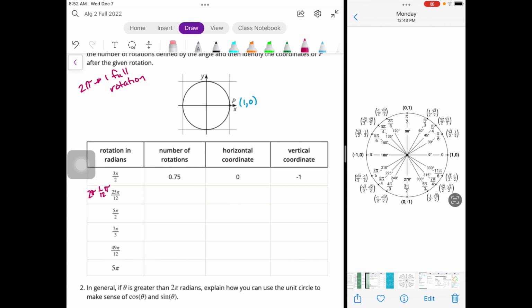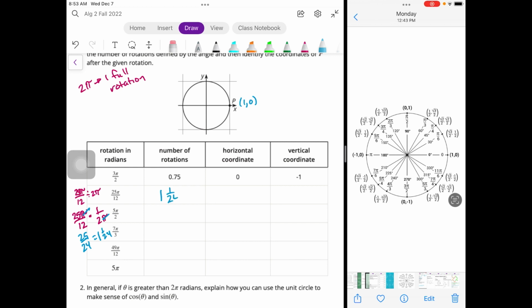And so that is about 1 1/24 rotation, because if we divide by 2 pi, because that's how many are in a full rotation, that's the same thing as saying 25 pi over 12 times 1 over 2 pi, right? And so your pi's cancel out, and that's 25 over 24, which is 1 1/24. So that is the number of rotations.